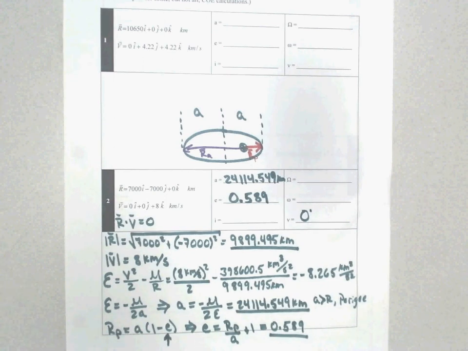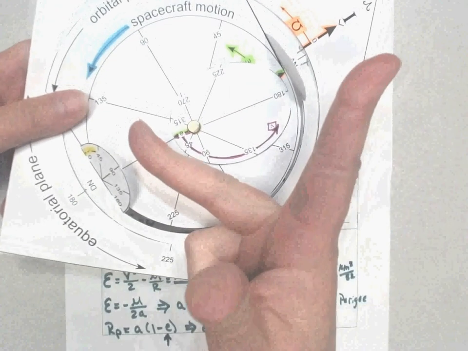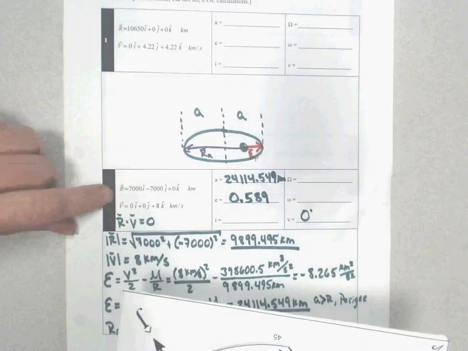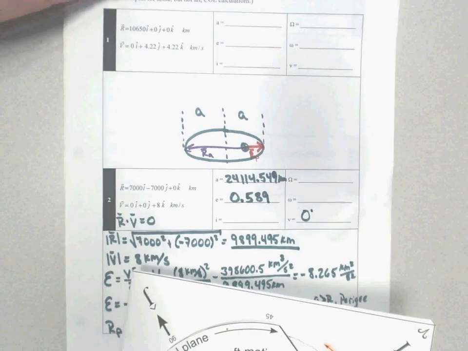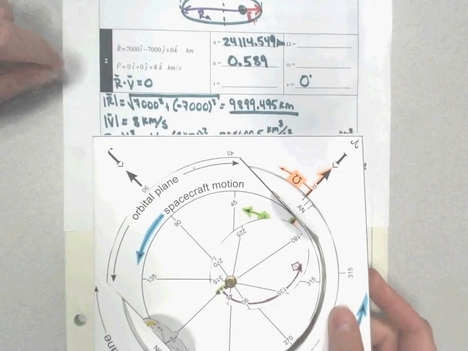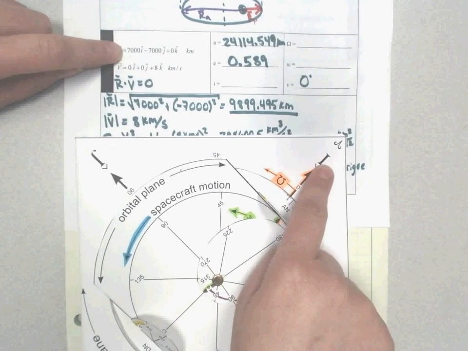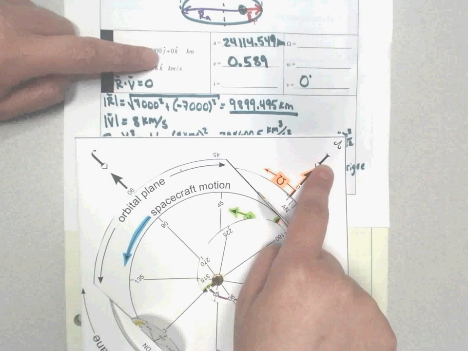So using my whiz wheel now, I'm going to use right-hand rule with these two vectors. So I'll move this up so you can see both. Okay, my R vector is in the positive I direction and the negative J direction.